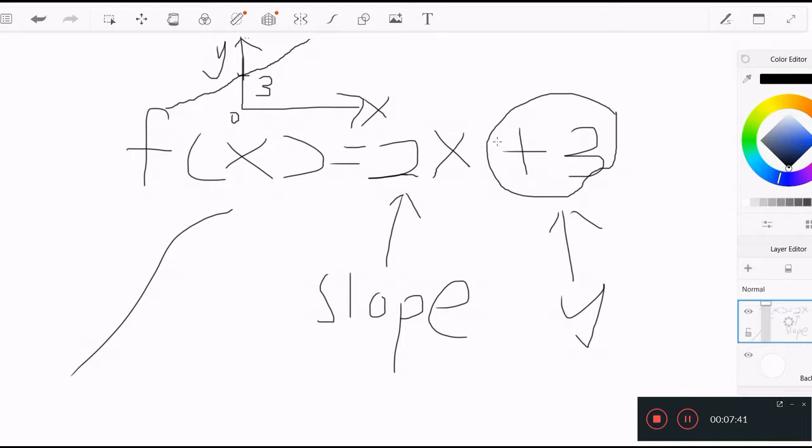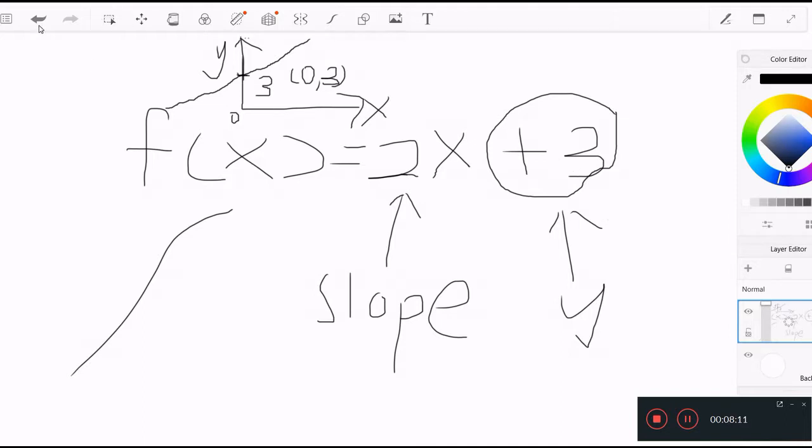So in this case, positive 3 means the straight line touches the y-axis at 3, at (0, 3). The 0 represents x and the 3 represents y. So it touches at 3, which means this is the y-intercept.